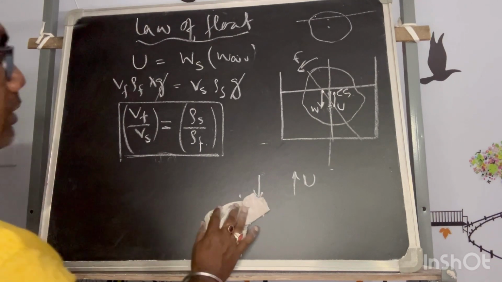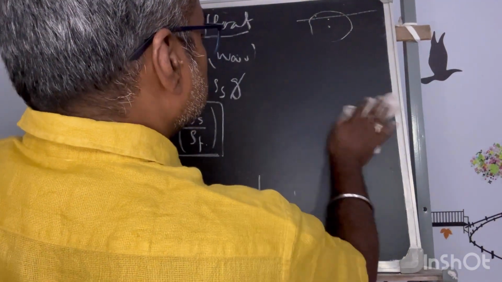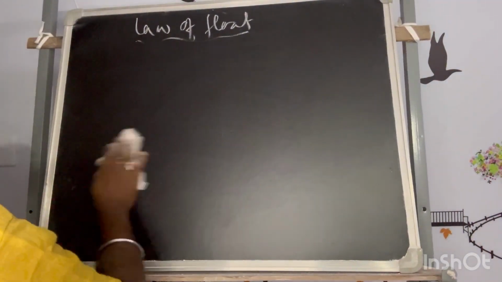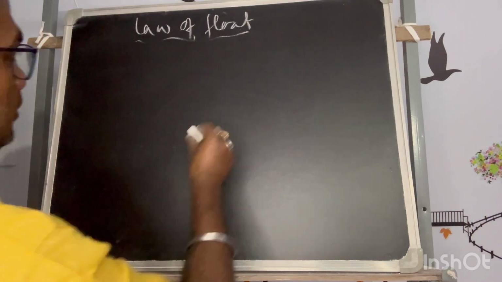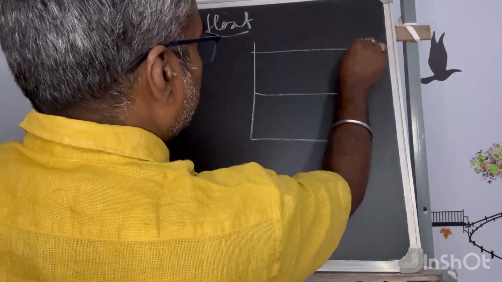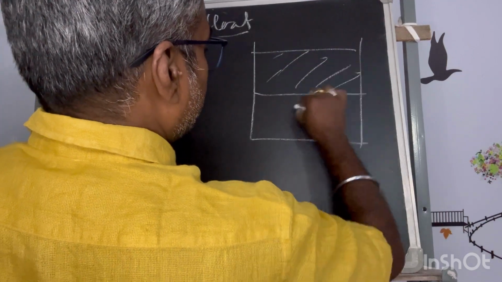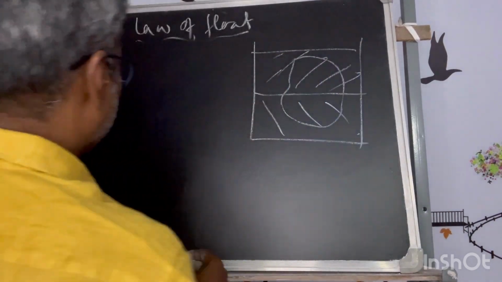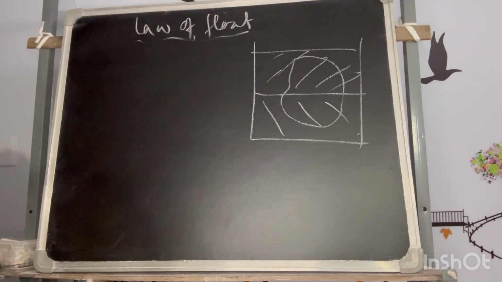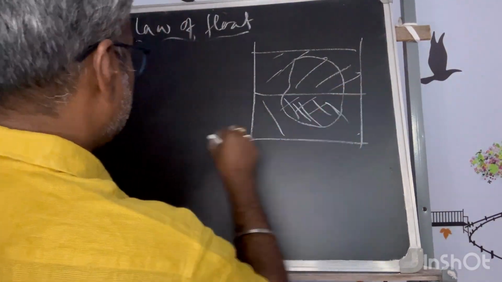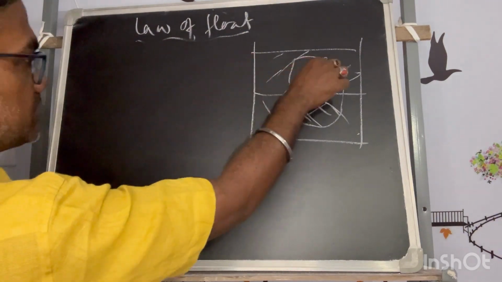Okay, now one condition: a body is in two layers of fluid. Let's say this is some fluid, this is some fluid, and the body is there. Then what would be the equation of this? The body will displace this liquid and it is in a stable condition.